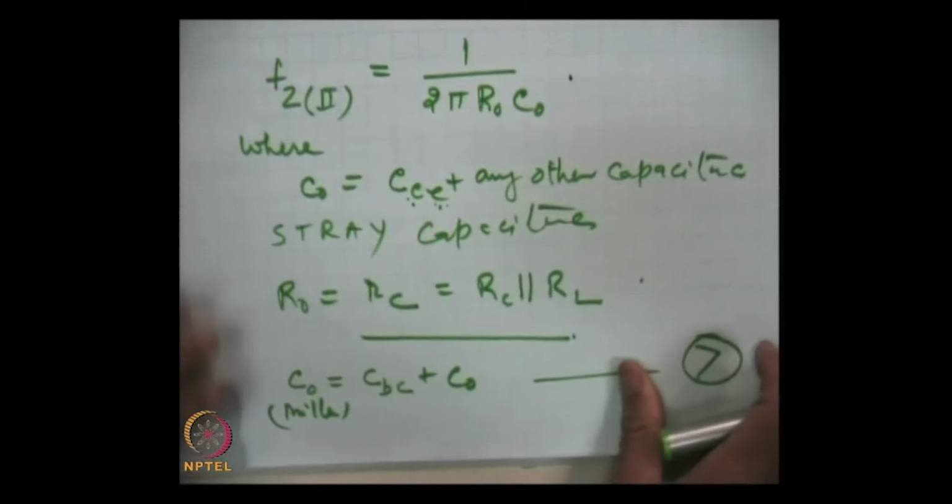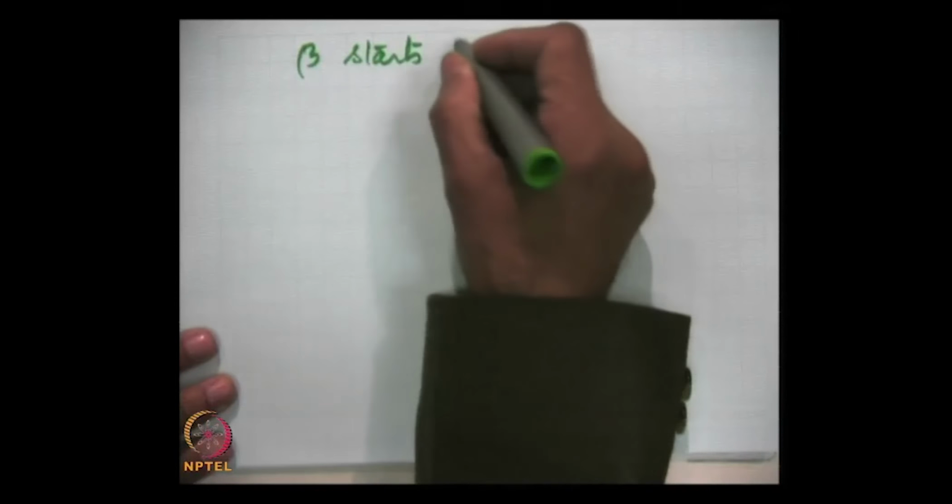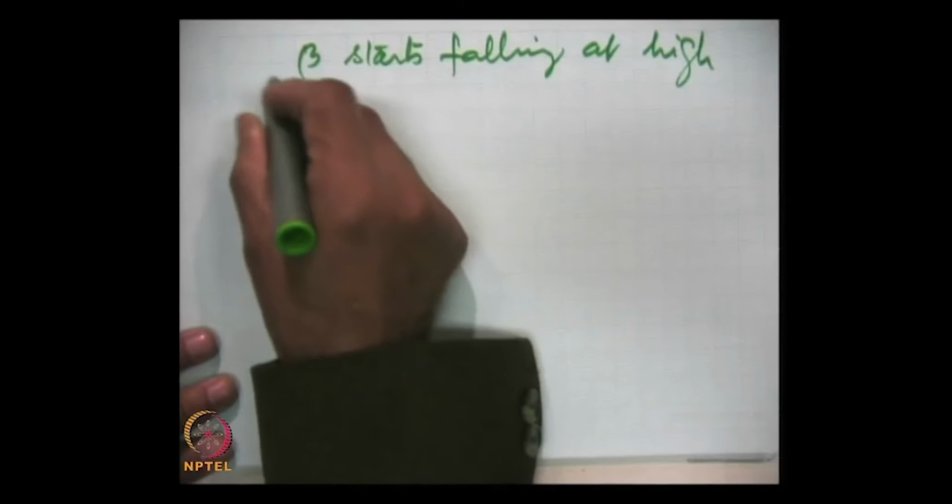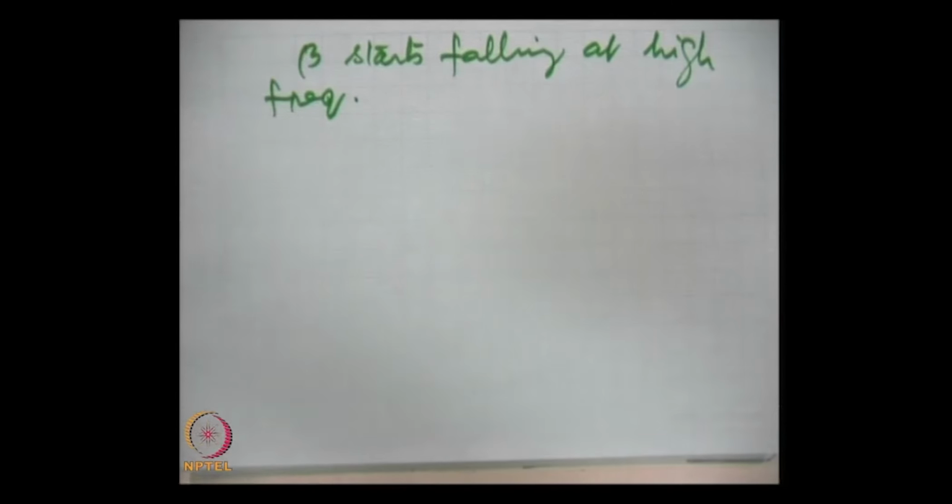There is a third cutoff. At high frequencies beta falls. This is because of the transport processes involved that give rise to a high value of beta. When we increase the frequency of operation, those processes are not as complete as at low frequencies, and hence the current gain falls.